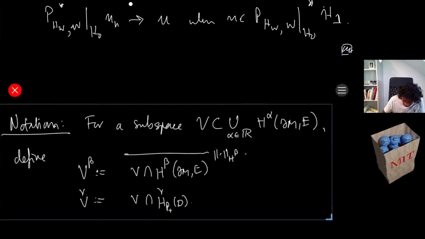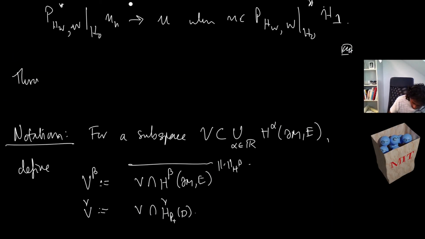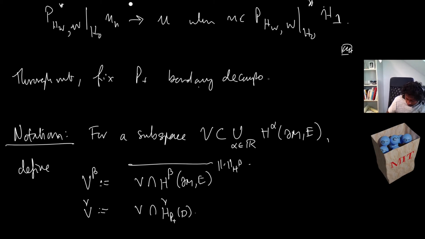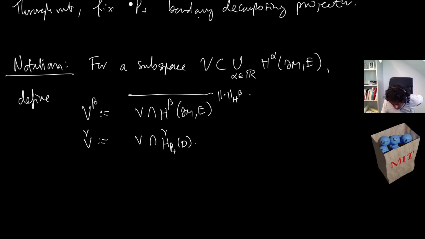So throughout, fix P plus, which is a boundary decomposing projector. Okay. So the D space we don't have to worry about too much because it can be described by any projector, but where it really matters is the hat space.